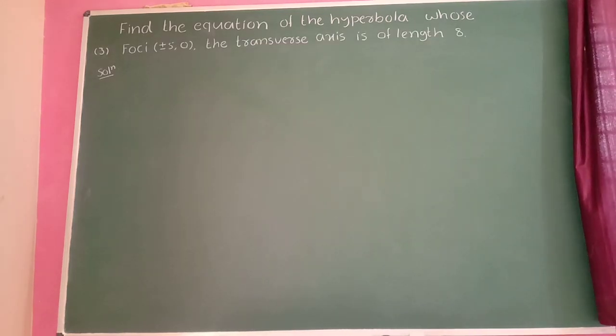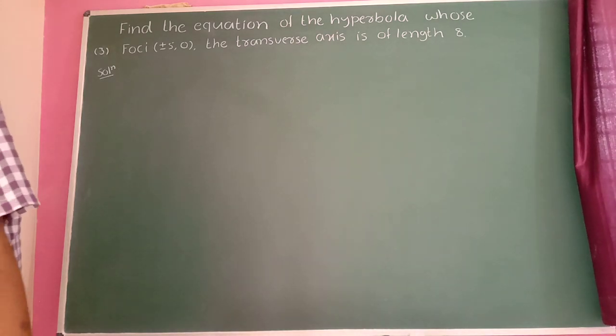Third example: foci (±5, 0) and the transverse axis is of length 8.